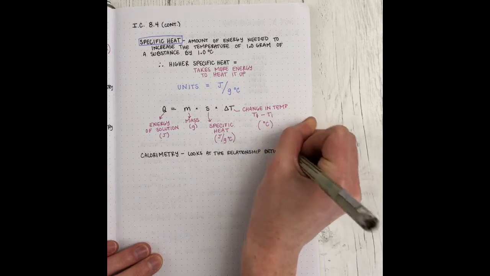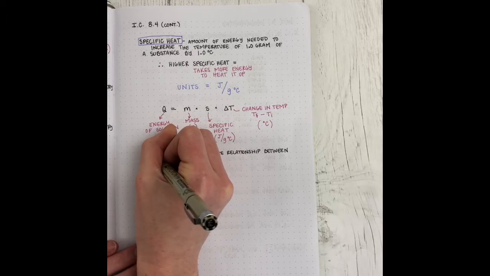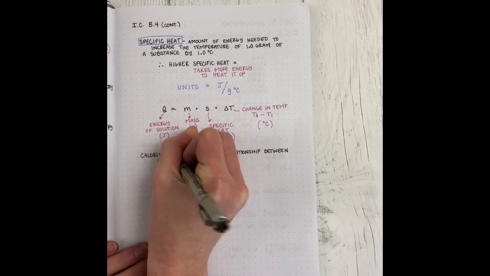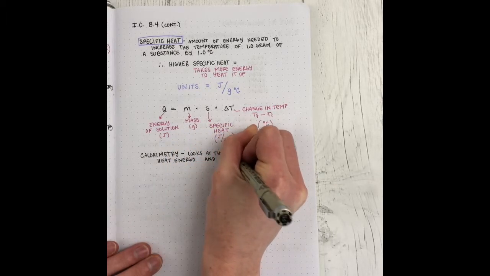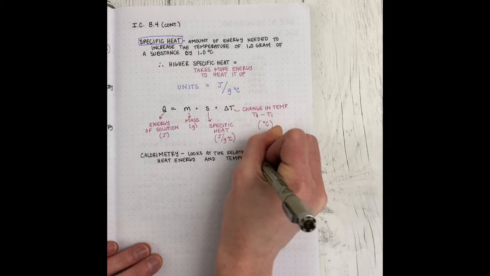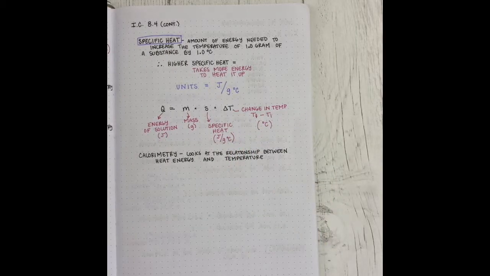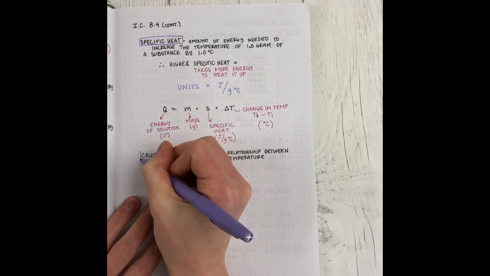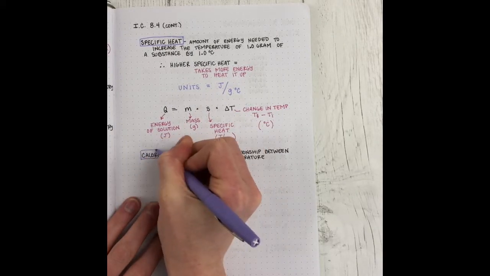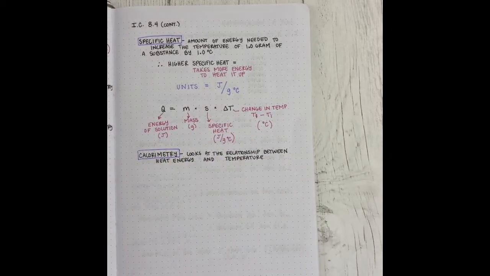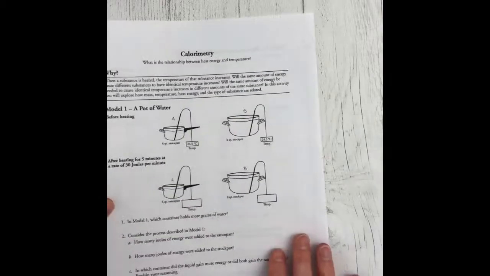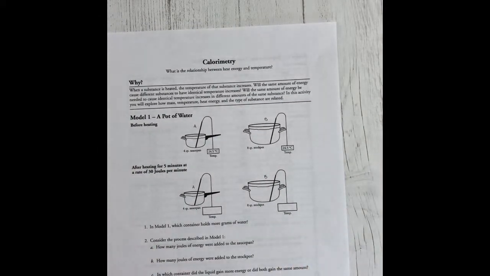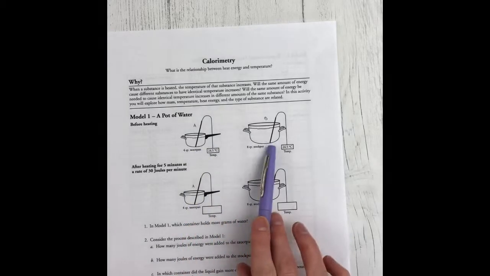So when you look at this equation, it might seem complex, but if you can step back from the letters and the numbers, really all we're looking at is if I apply this amount of heat to this much of a substance, what will the change in temperature be? And the specific heat is just, well, what's the substance? Because I can apply the same amount of heat to pizza sauce and pizza crusts, and they will change to different temperatures. So calorimetry just looks at the relationship between heat energy and temperature.